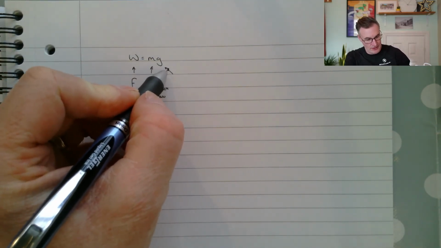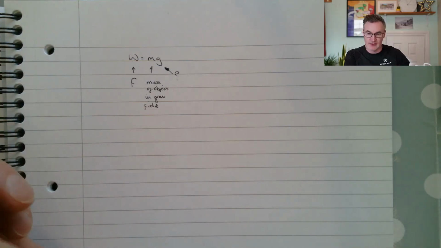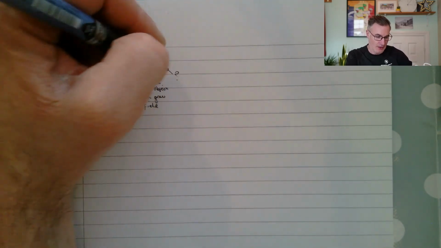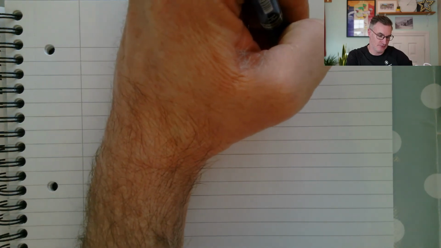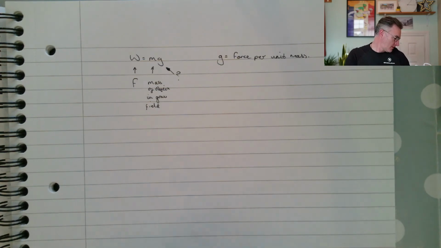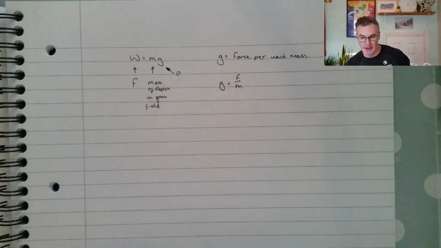Then we can get a sort of analysis of what Vg is. Well, first of all, Vg would be defined as the force per unit mass. Okay, and so g is equal to force over m.